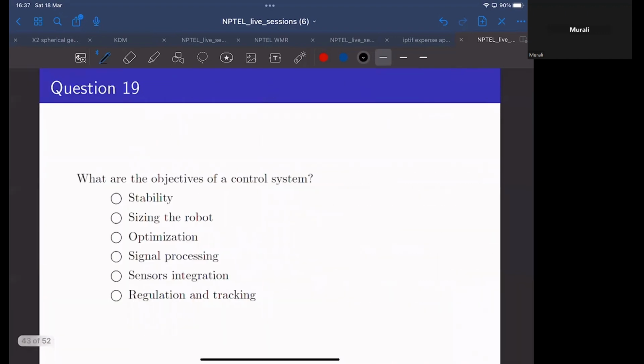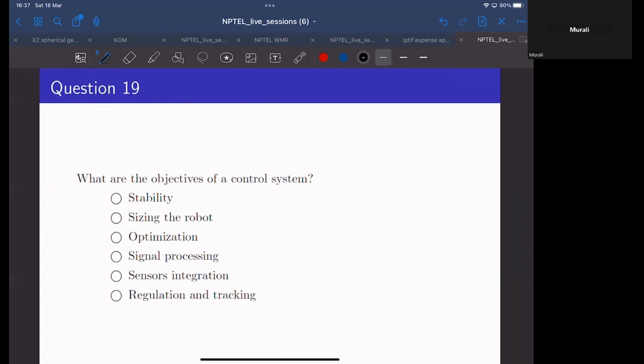Moving on to question 19, what are the objectives of a control system? Earlier we came across a question asking for a primary objective. Now it says to list out all the objectives, so there could be multiple correct answers.